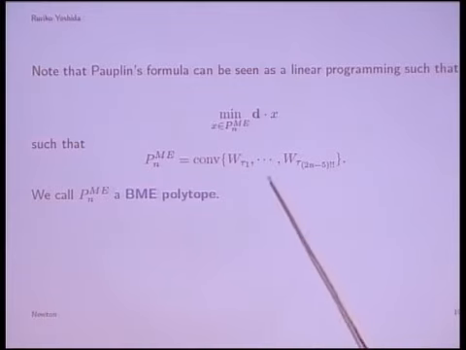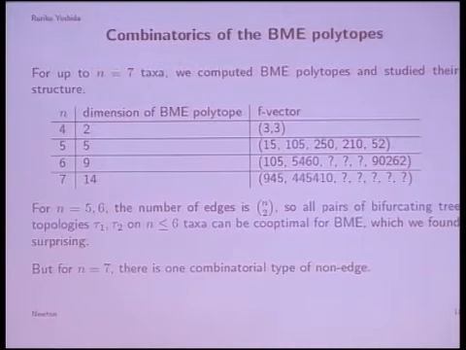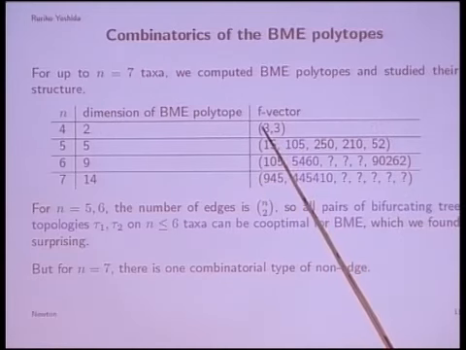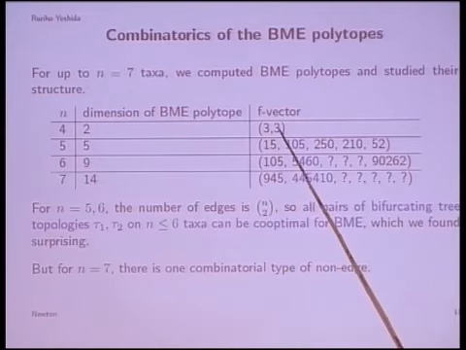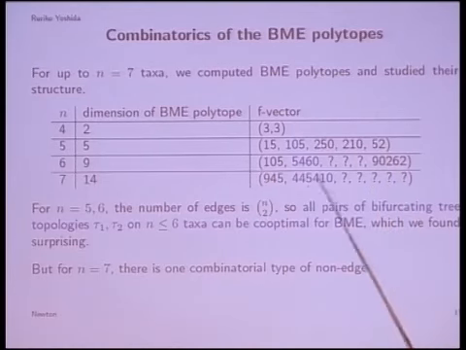And we call this polytope the BME polytope. So we are trying to find the combinatorics of the BME polytope. Using polymake, this is called the f-vector: vertices, edges, facets, and so on.